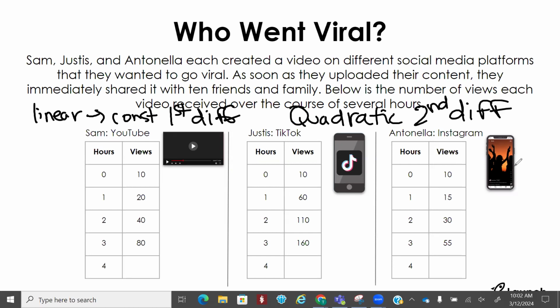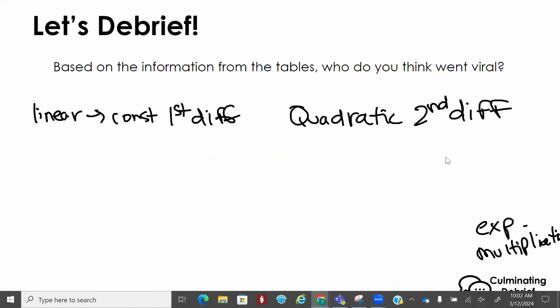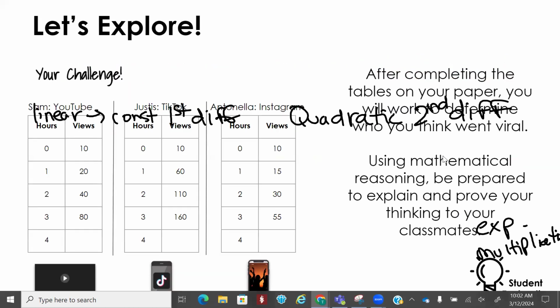And then we talked about exponential today, and that's going to deal with multiplication. Okay, so as you're going through these, they're not all exponential. They're not all multiplying by the same thing. Your job is to figure out which one is which and how to fill in this little box down at the bottom. Once you do that, you're going to flip over to the back and you're going to answer those questions. Okay, so go ahead and take a moment. You're working on those.